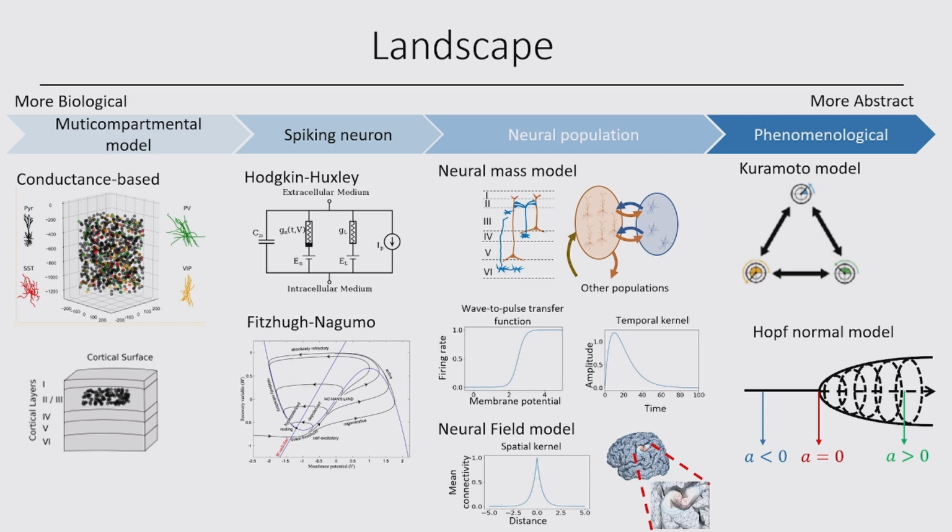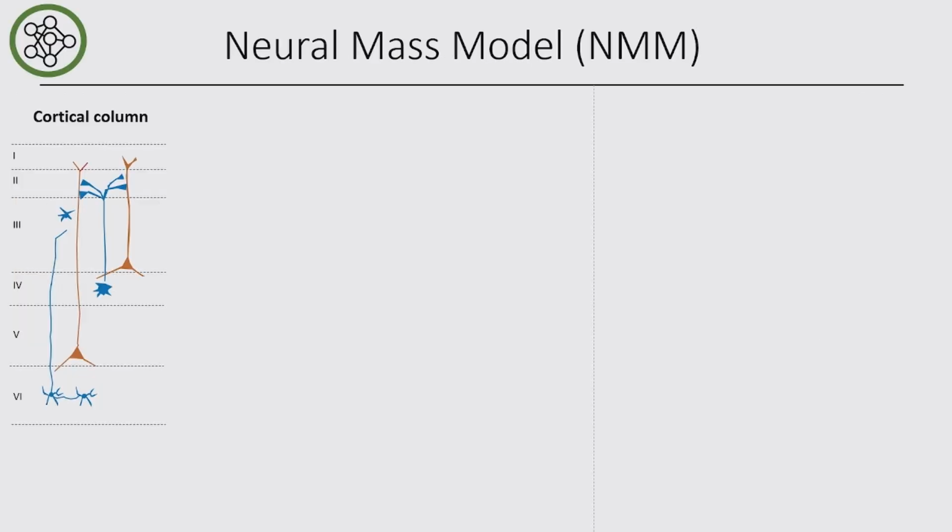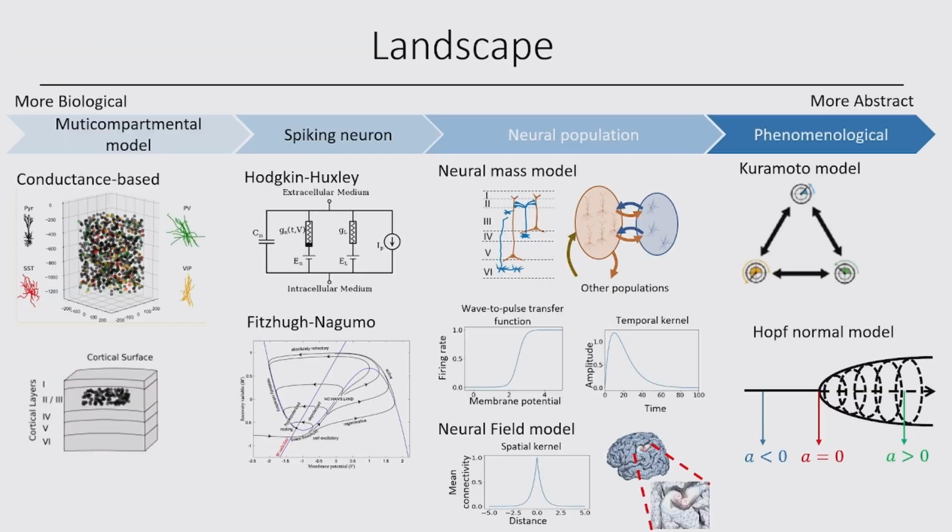That would be not necessarily the most detailed, but a relatively more detailed type of neural model. And then we'd have, say, the level of an individual neuron.